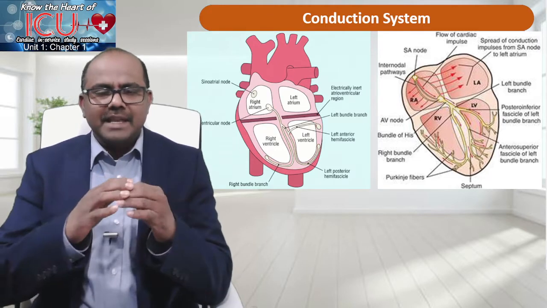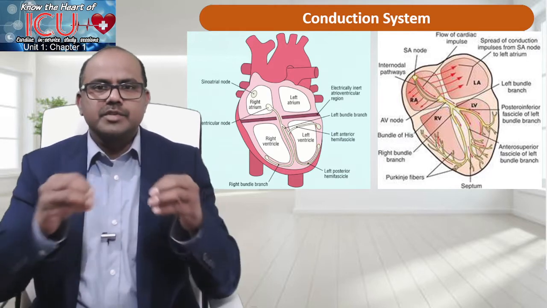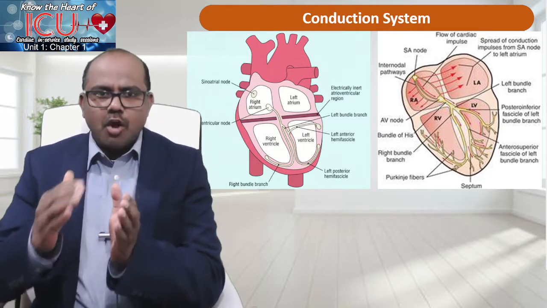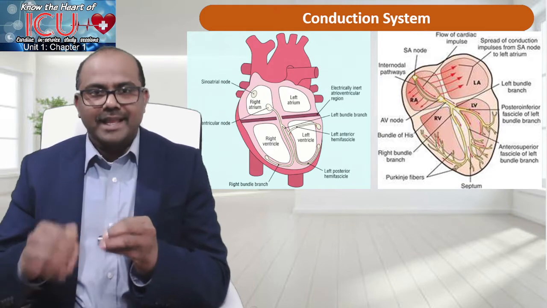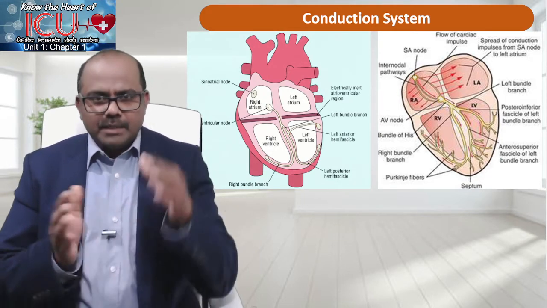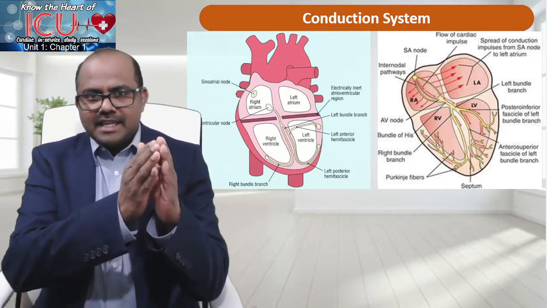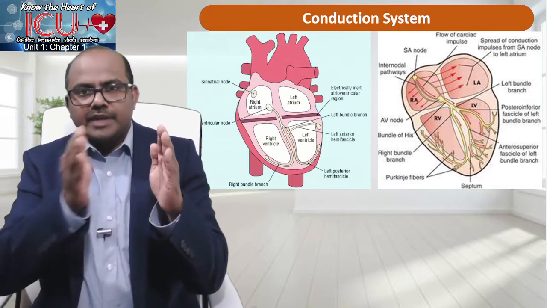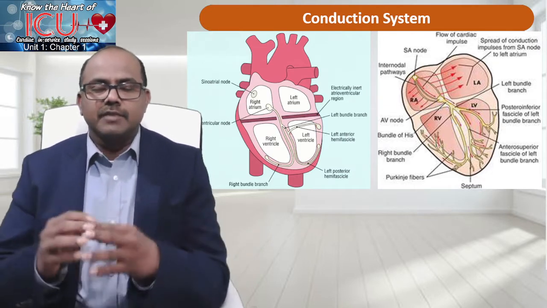So we have some interatrial bundles that take the impulse from the SA node to the right and left atria, and we have some internodal bundles that bring the SA node impulse to the AV node, so that the AV node can transmit it down to the ventricles. So between the ventricles and the SA node, there is a channel called internodal bundles that connects the SA node to the AV node, and from the AV node there is another channel that connects the ventricle and the AV node.